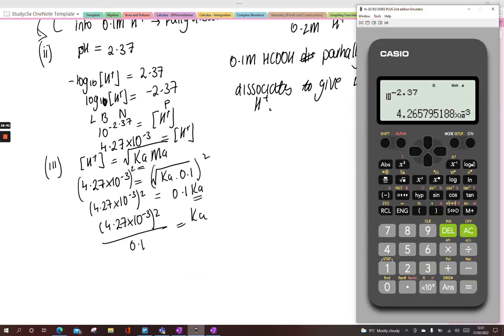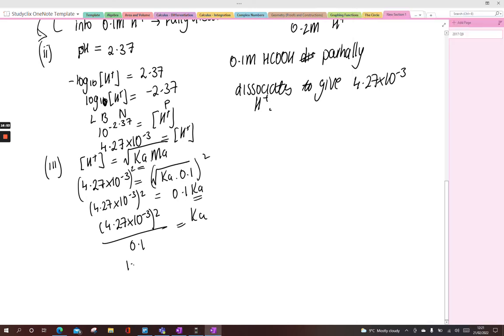Never delete them numbers in your calculator. I'm going to press my fraction, my answer squared over 0.1, and I get 1.82 by 10 to the minus 4 as my value of Ka, which doesn't look absurd, so I'm happy with it.